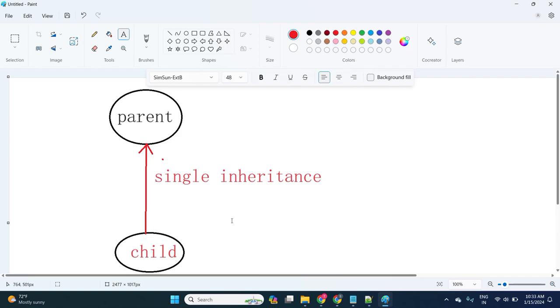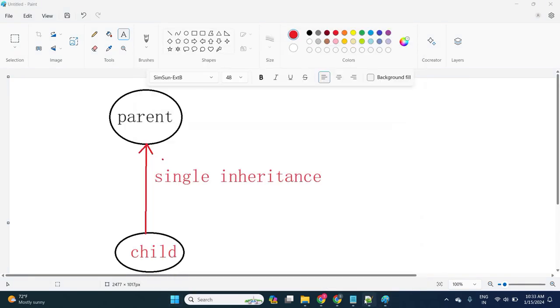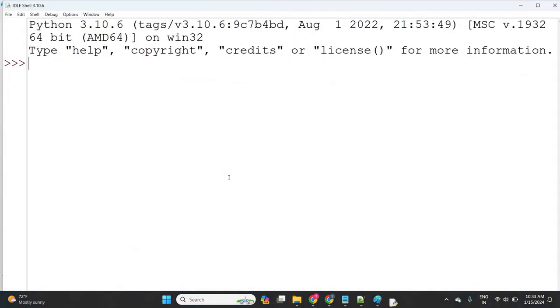So how the program will be, observe. Let's write one small program with respect to single inheritance.